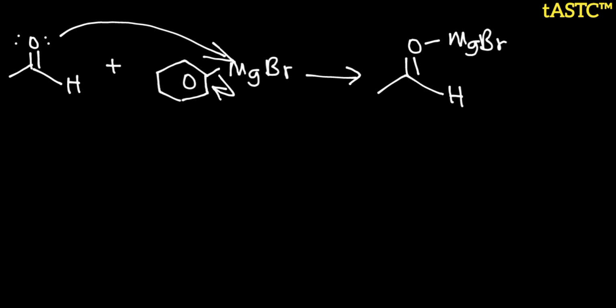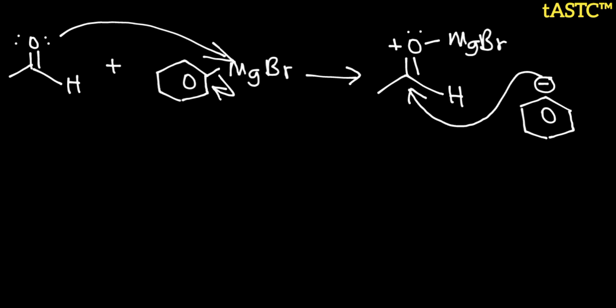So you have that there, and there is a positive charge on the oxygen. Now we're actually going to have a phenyl anion, which, as you know already, is a nucleophile. This is actually the next thing that will happen. There is going to be an attack of this nucleophile onto the electrophilic part of this compound.